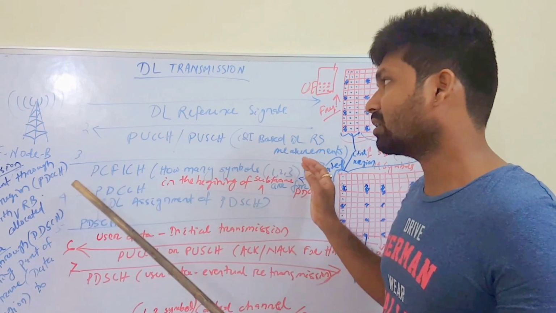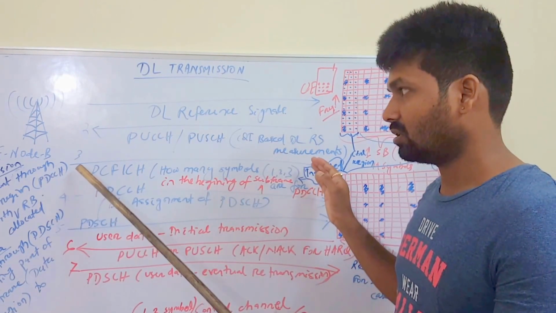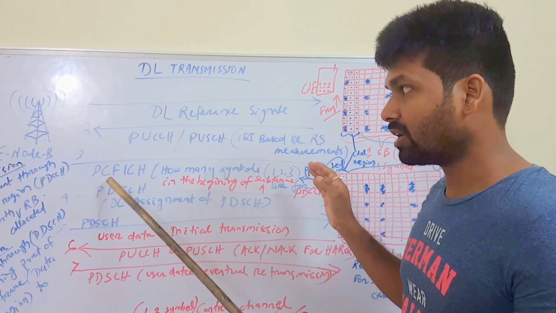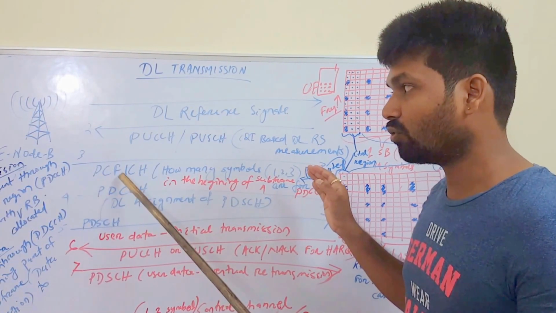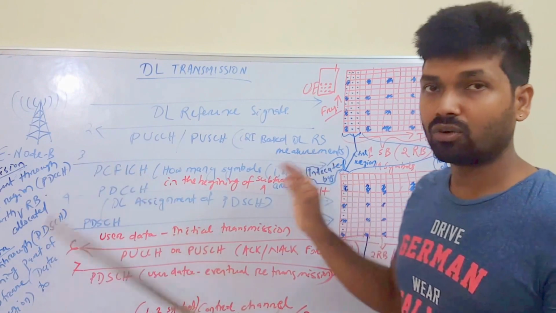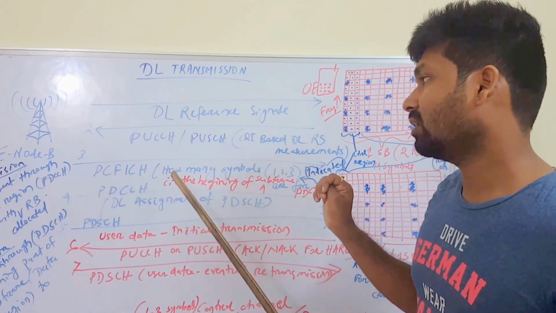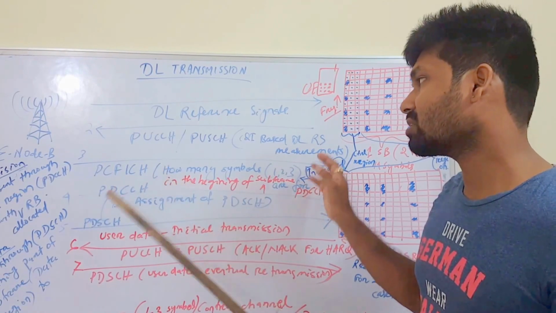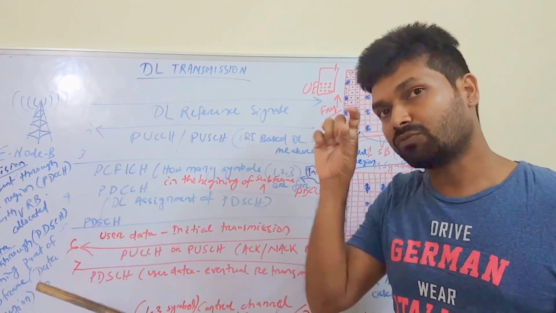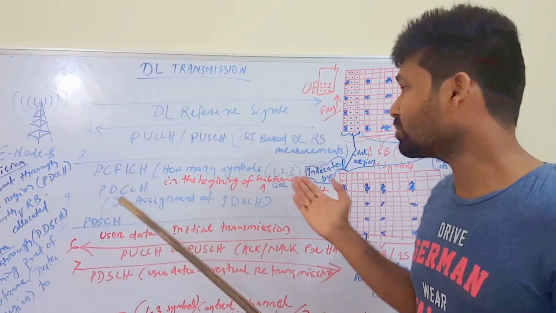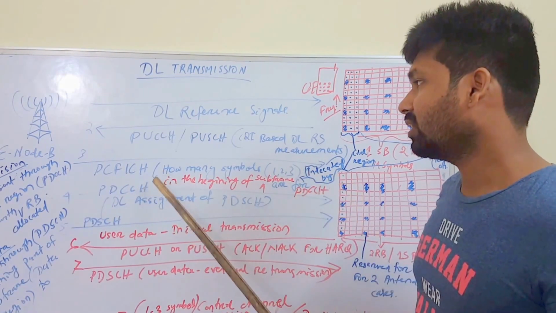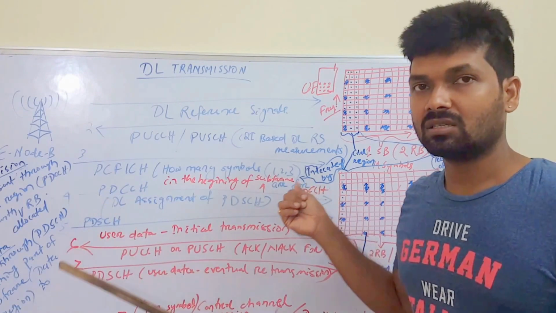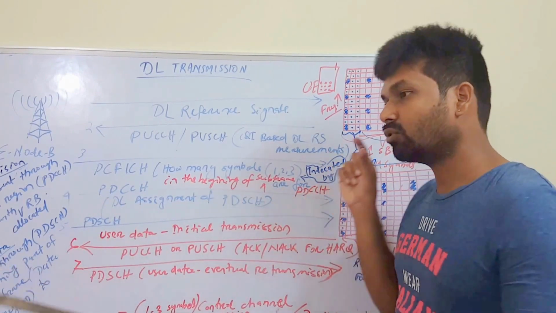So to understand the steps, the third step is PCFICH, the physical control format indicator channel. It talks about how many symbols at the beginning of the subframe which is going to be transmitted are for PDCCH, that means for control, and for data.